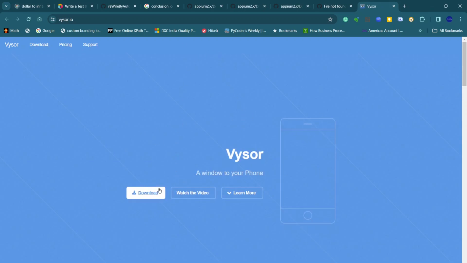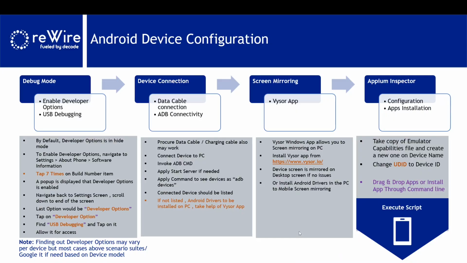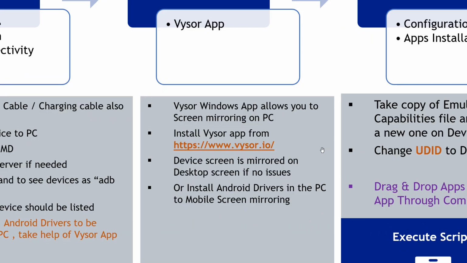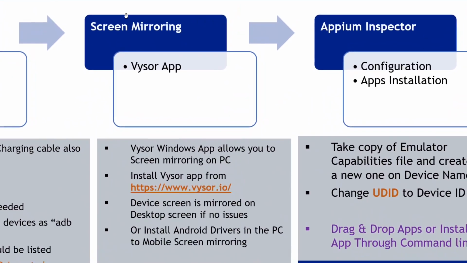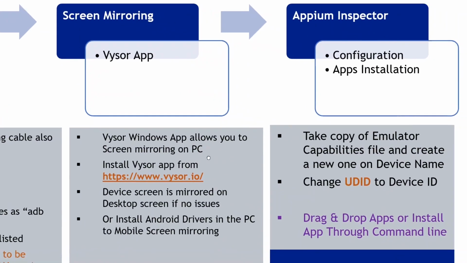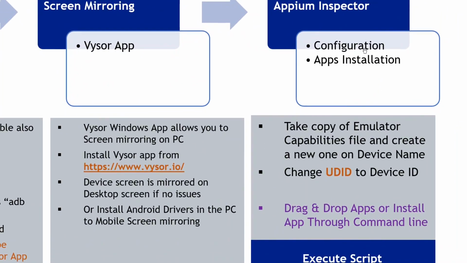See here, you need to install, and some other support is also there. It will give all the information. So this is about the Vysor app, screen mirroring. Whatever the mobile screen is, it will be mirrored on your system and you are able to watch it. Appium Inspector configuration.